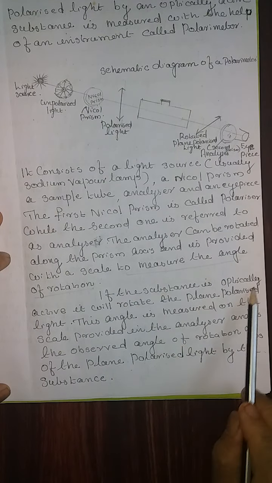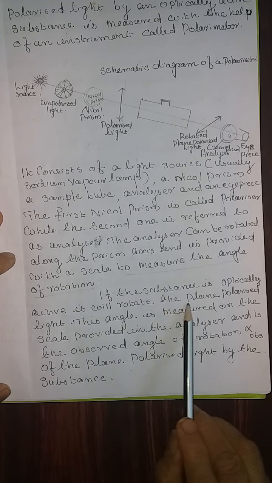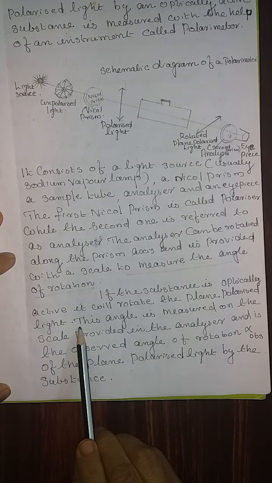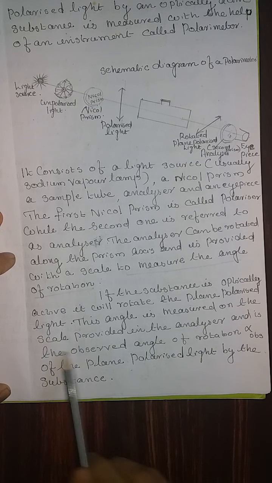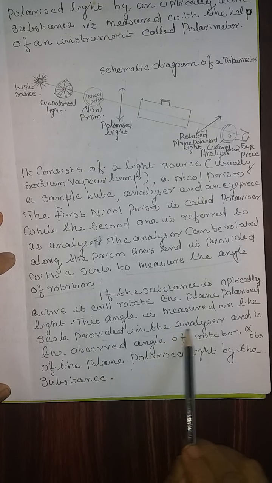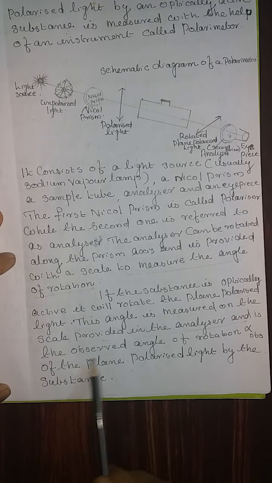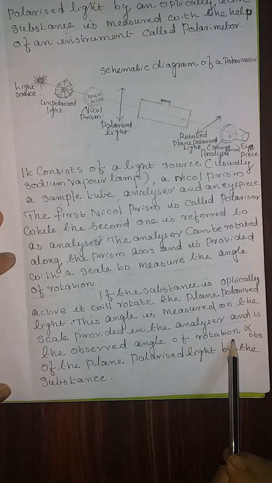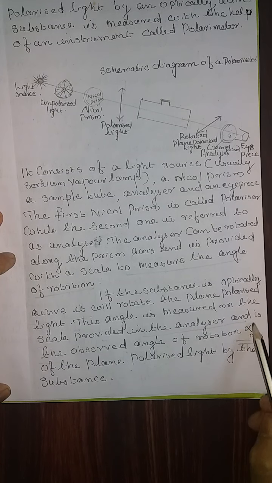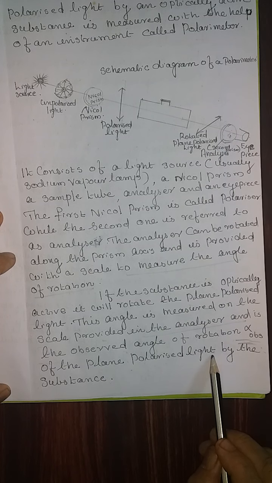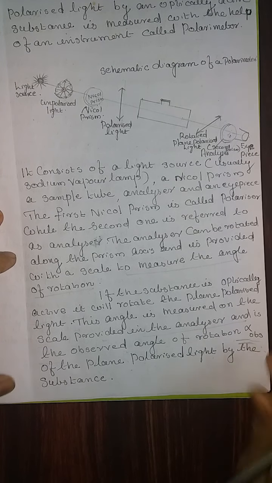If the substance is optically active, it will rotate the plane polarized light. This angle is measured on the scale provided in the analyzer, and it is represented as alpha observed, the rotation of the plane polarized light by the substance.